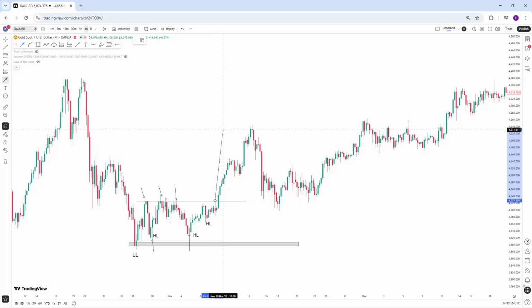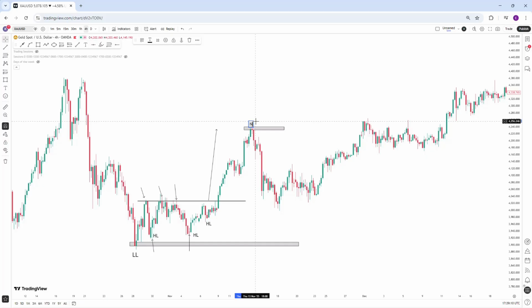So this is our new higher high, right? So the market gave us an indication to the upside. The market wants to buy, gold wants to buy. Indication.